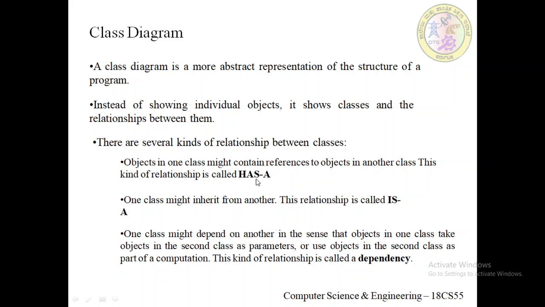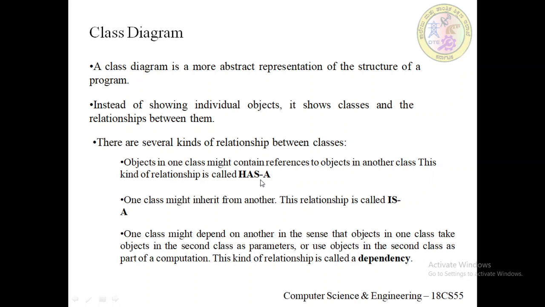One is called a has-a relationship. In this case, the objects in one class might contain references to objects in another class. Clear? An object of one class is being referred to in another class.